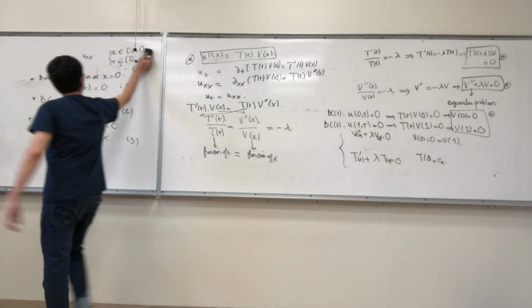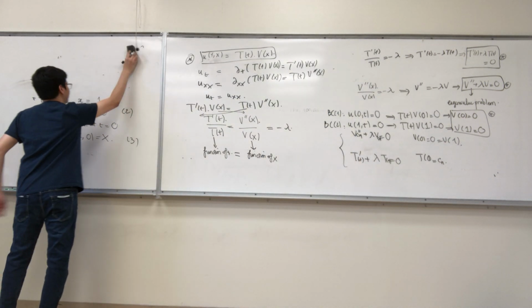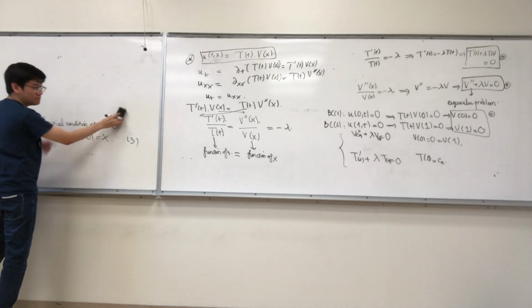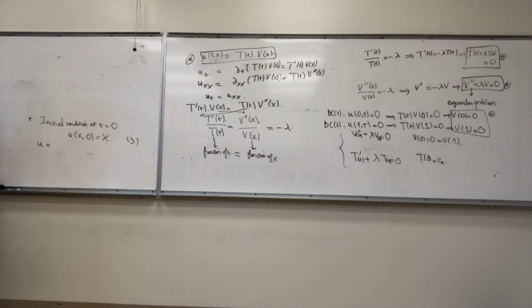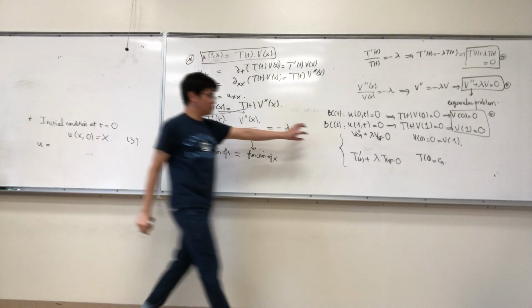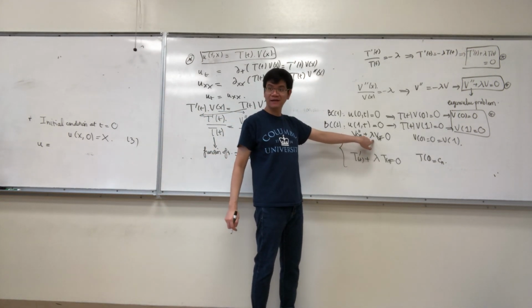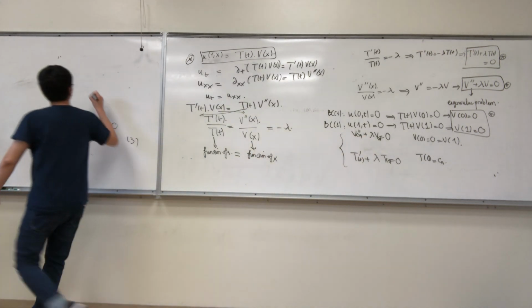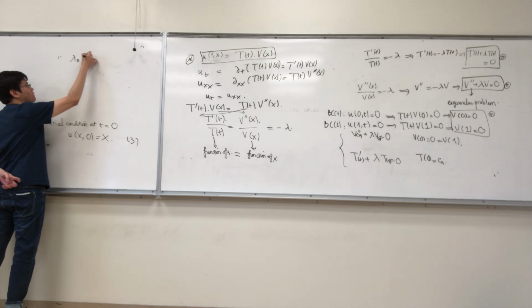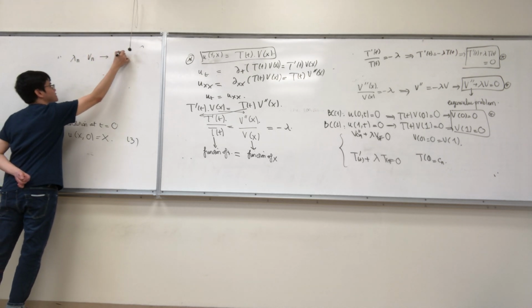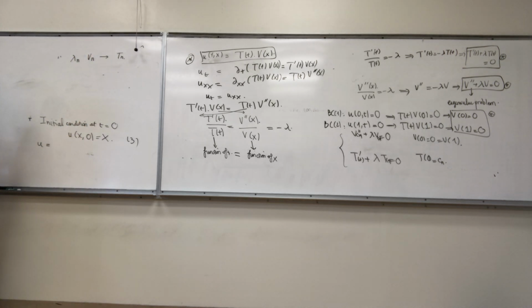So what you do is you solve for lambda n and vn, right? When you solve this equation, you find lambda n and vn, and then you can find Tn, right? So you're going to have this.